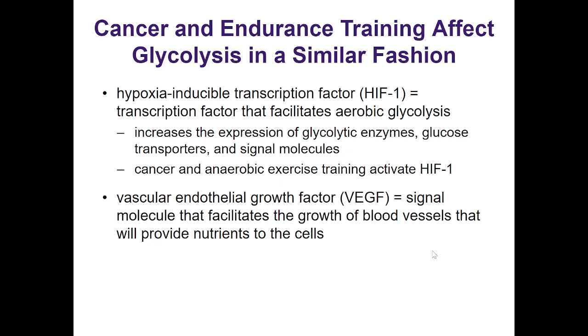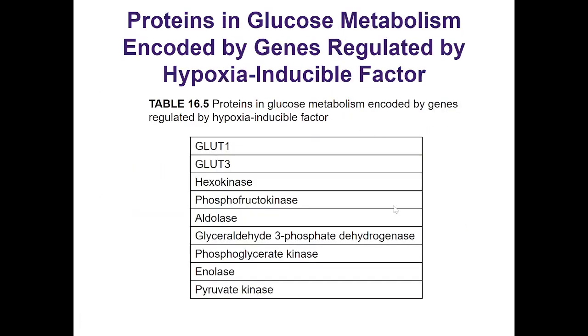Vascular endothelial growth factor. This is VEGF. This is a signal molecule that's going to facilitate the growth of blood vessels that will provide nutrients to your cells. These are going to be the proteins in glucose metabolism that are encoded by genes regulated by hypoxia-inducible factors.